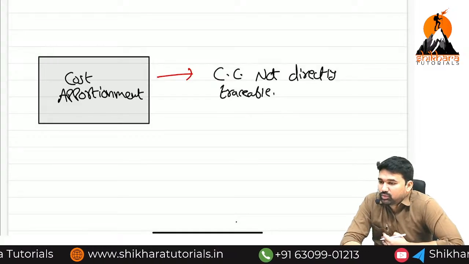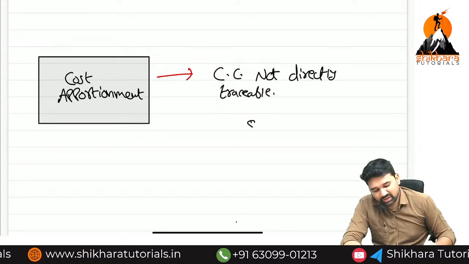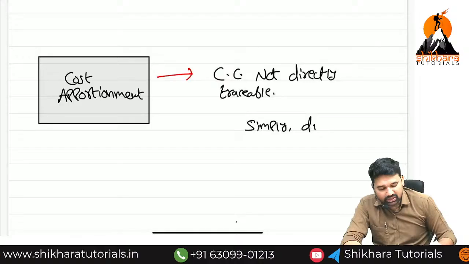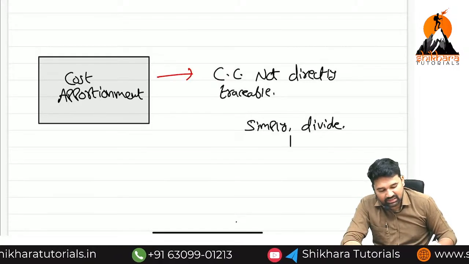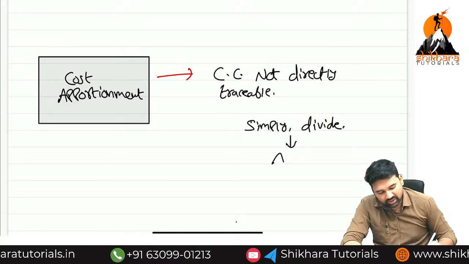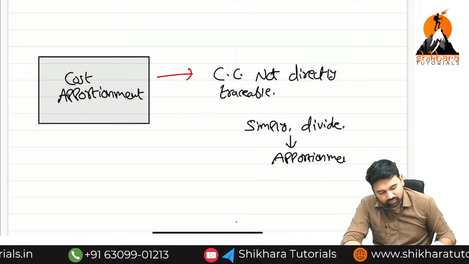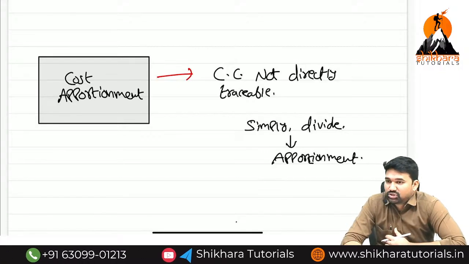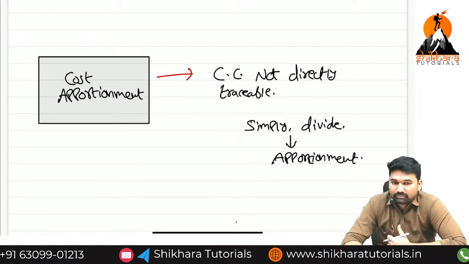When cost centers are not directly traceable, you are going to simply divide. That division will be called apportionment, not appropriation.